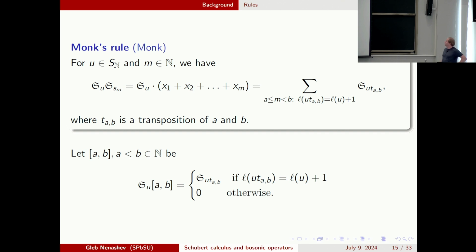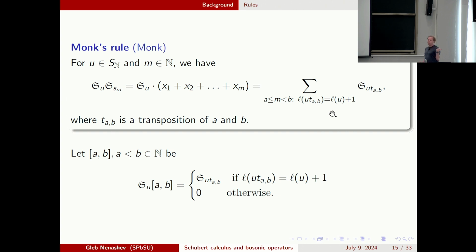Okay, but some special cases are known, and the first one is multiplication by a simple transposition, which is Monk's rule. It's from 1954, and you need just to multiply. You will have a sum of permutations multiplied by some transpositions, and you need that the length increases exactly by 1.